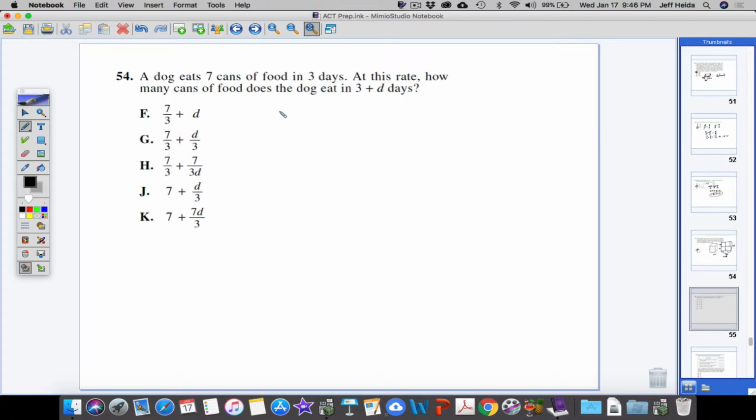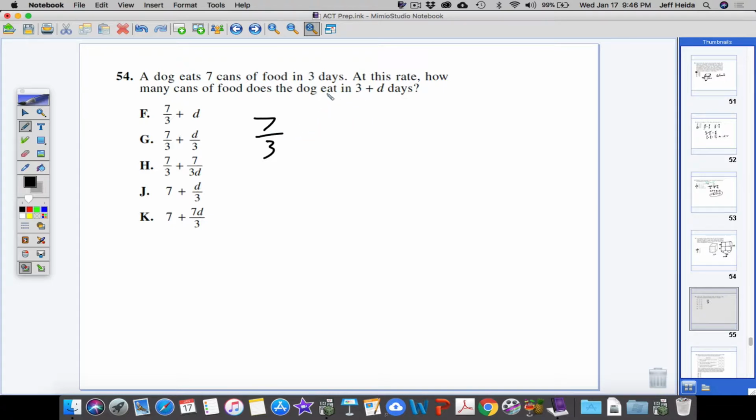Problem 54. If a dog can eat 7 cans of food in 3 days, at that rate, how many cans of food does the dog eat in 3 plus D days? So if the dog eats 7 cans of food in 3 days, that is the slope or the ratio.